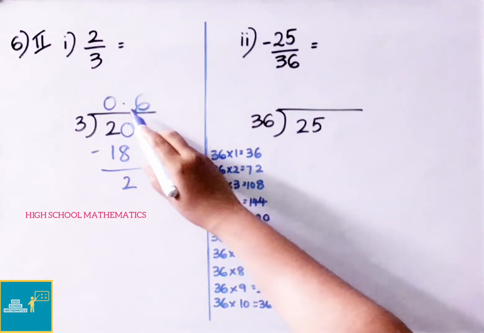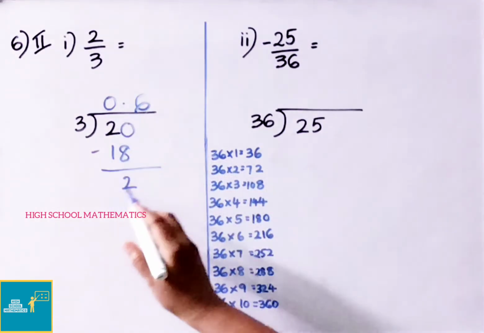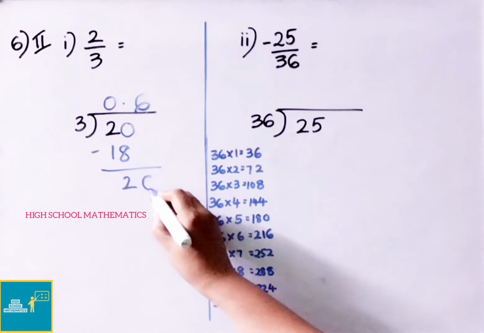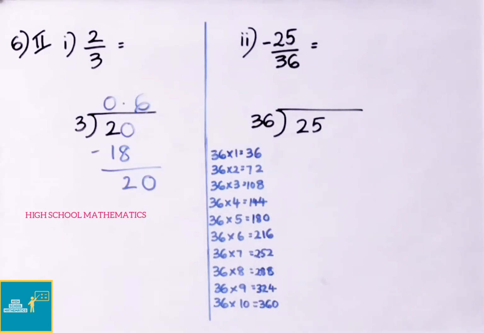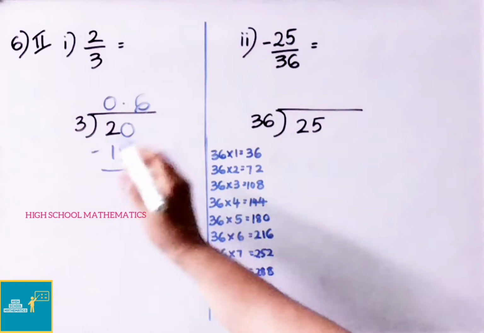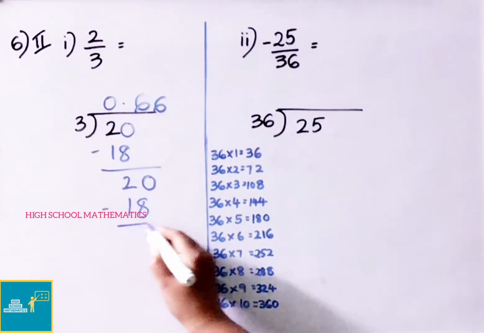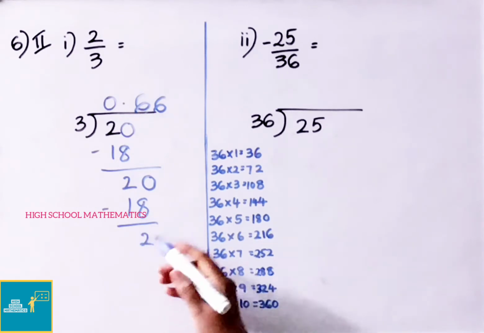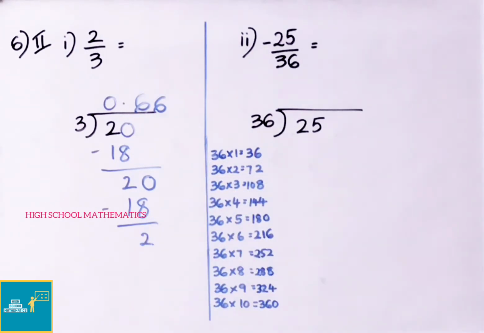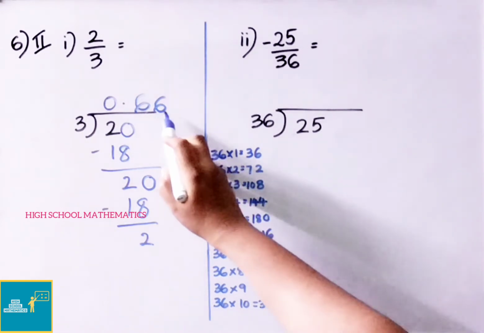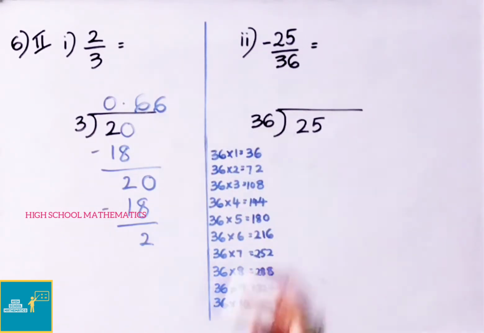In the quotient, as we placed the decimal point, we can add a 0 here. Again the number is 20. Again 3 sixes are 18, and 20 minus 18 again gives a remainder. So this process continues. It is a non-terminating decimal, and here this 6 is recurring, it is repeating.